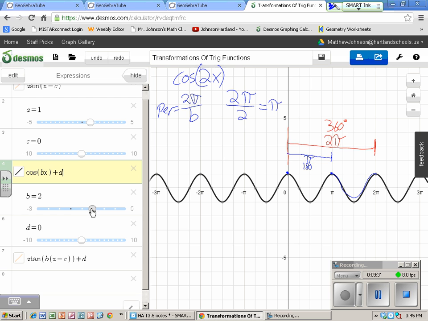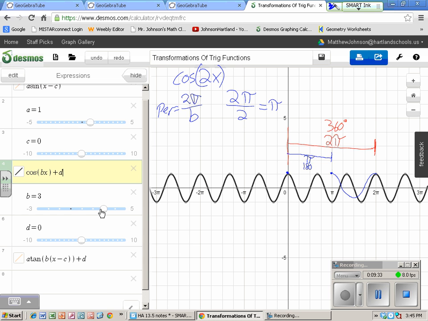If we change the b value to 3, let me erase some of this stuff. Now we're looking at the graph repeating itself 3 times. It did repeat itself once in 2 pi, or 360 degrees. Now it's going once, twice, 3 times in that same distance.